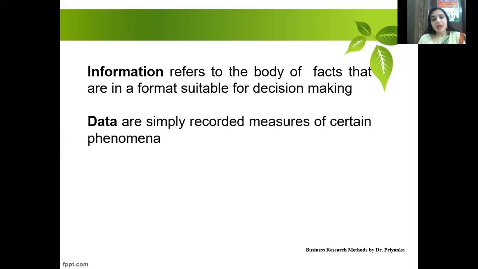For example, I have information related to 1,000 employees of my company, and it is just randomly available. And one thing is, if I make a tabulation, for example, I want to check their educational degrees, I can just check how many employees are 12th pass, how many employees are graduated, how many employees have done post graduation, how many employees have done PhD.